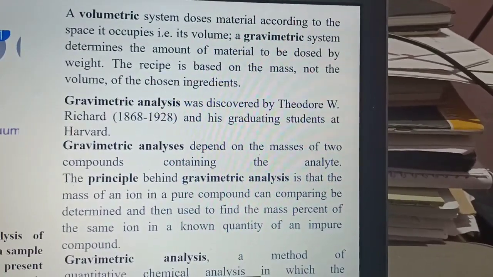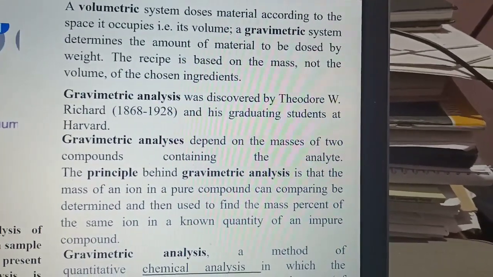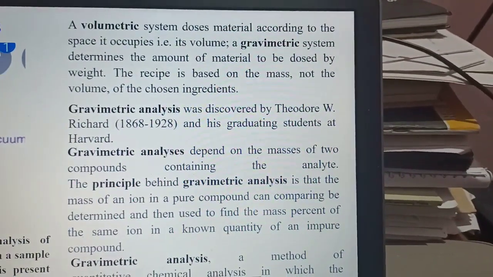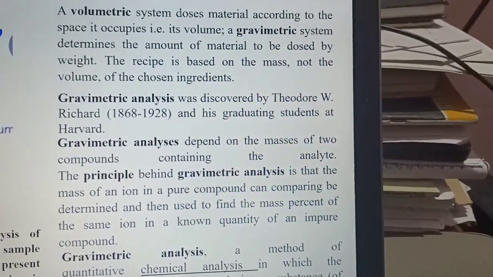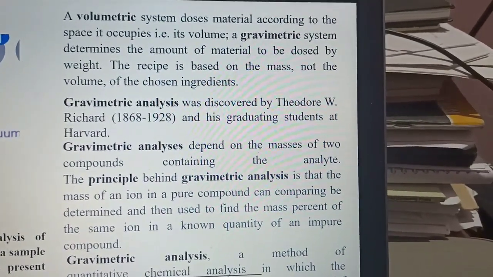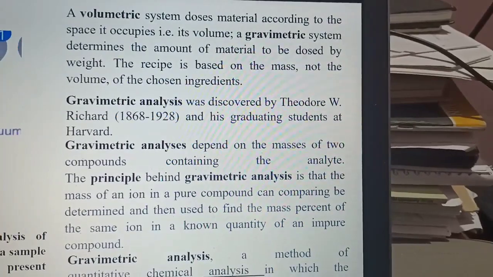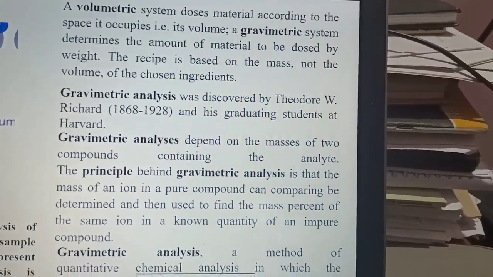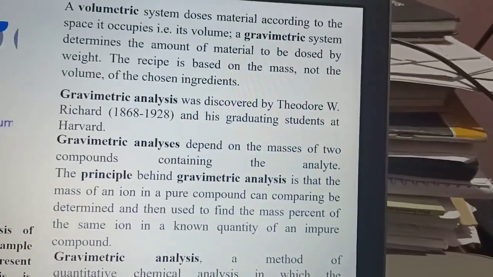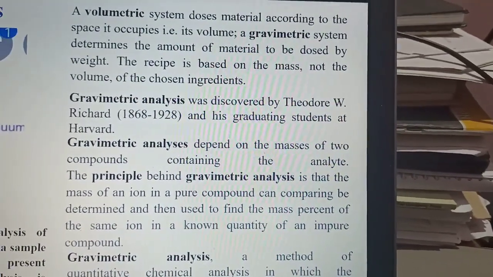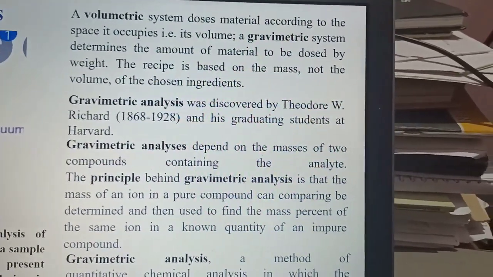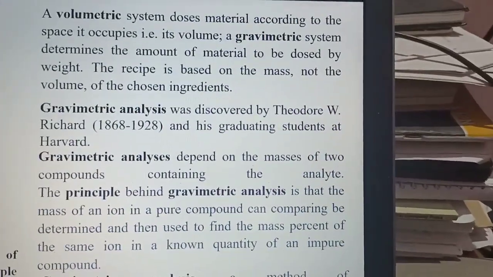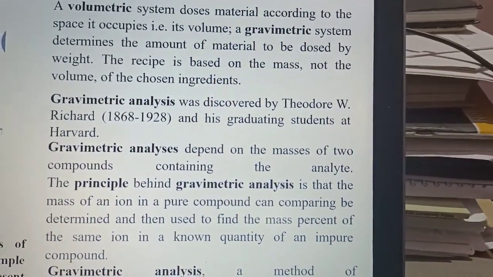Volumetric analysis is mainly concerned with the volume in which the substance is dissolved in a solution. In gravimetric analysis, the substance present in a solution is determined by calculating how much of it is present by means of some chemical steps.